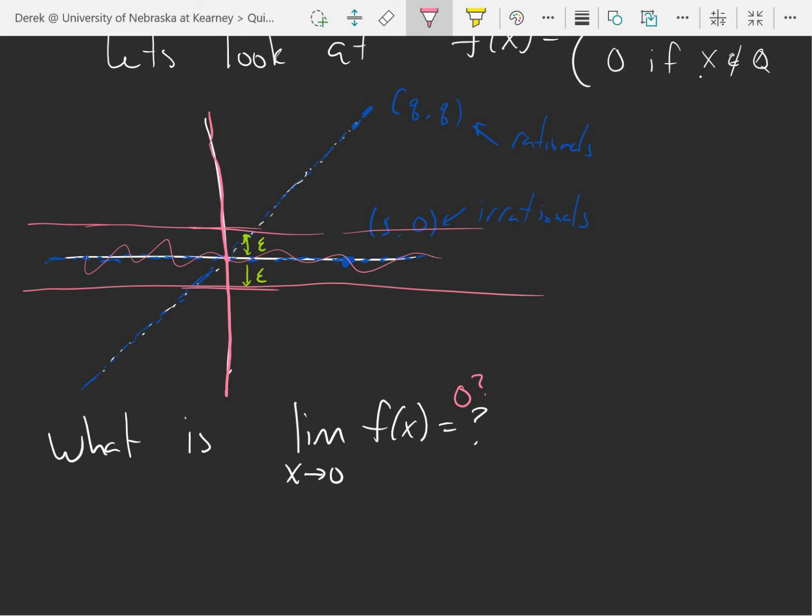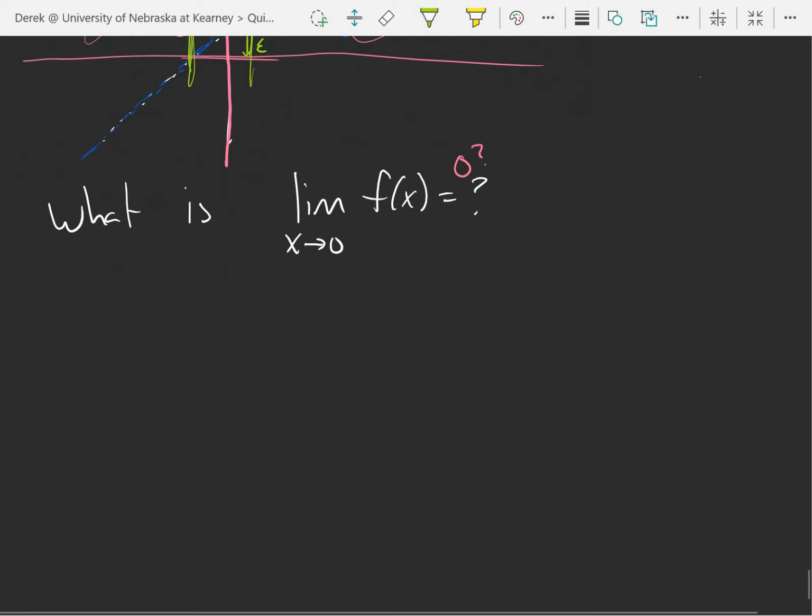Well, I can go left that far, and I can go right that far. And again, it looks like my slope is 1, so I can probably go epsilon that way, and epsilon that way. And that's going to be true for this case.